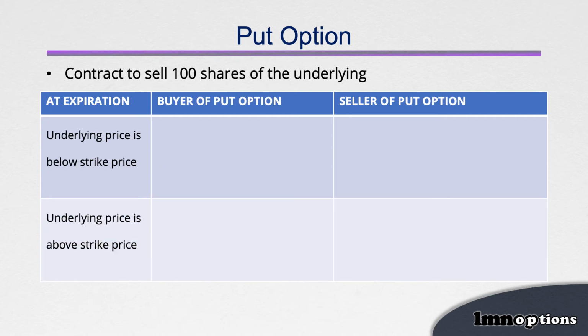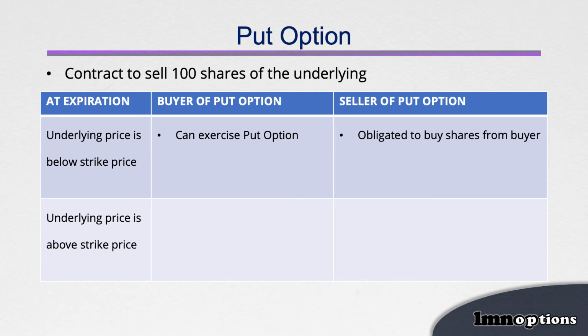In the event that the market price of the underlying falls below the strike price of the option at the expiration date, the buyer of the put option can choose to exercise the option. The seller of the put option is obligated to buy the 100 shares from the buyer.